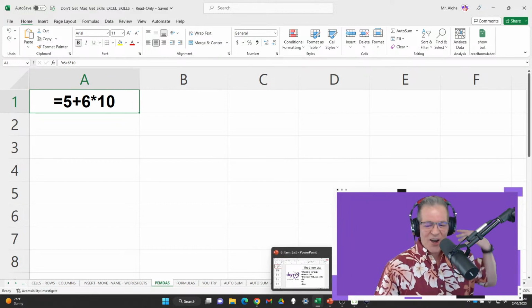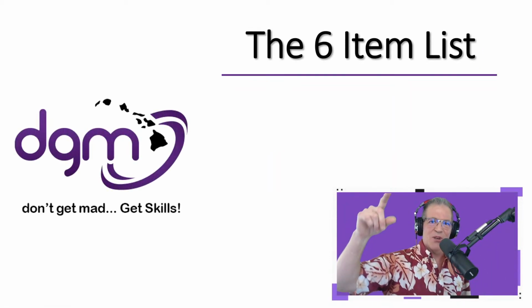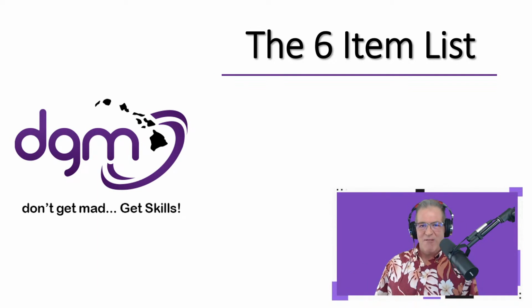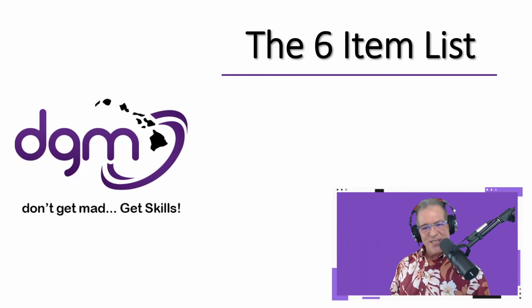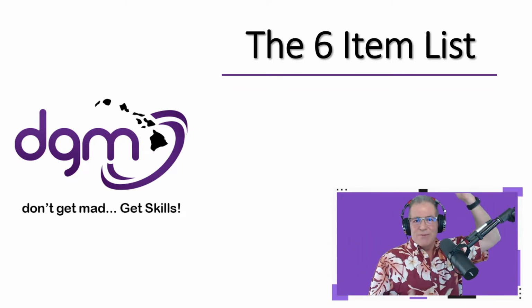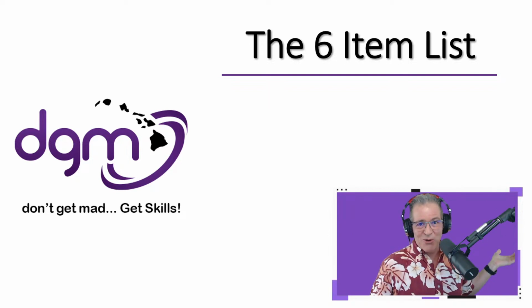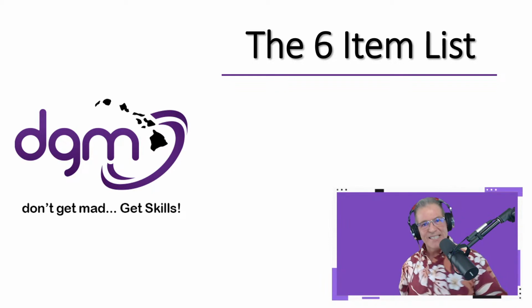And we got to start out our day. It's Aloha Friday with some good vibes like the 6-item list. That's right. Oh, yeah. Every day we follow the 6-item list because, you know, we've all got big lists. You're never going to get that done in one day. So break it down to a 6-item list.